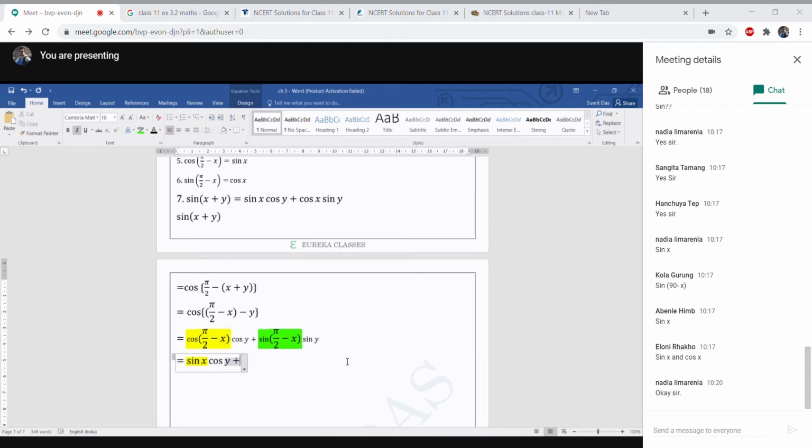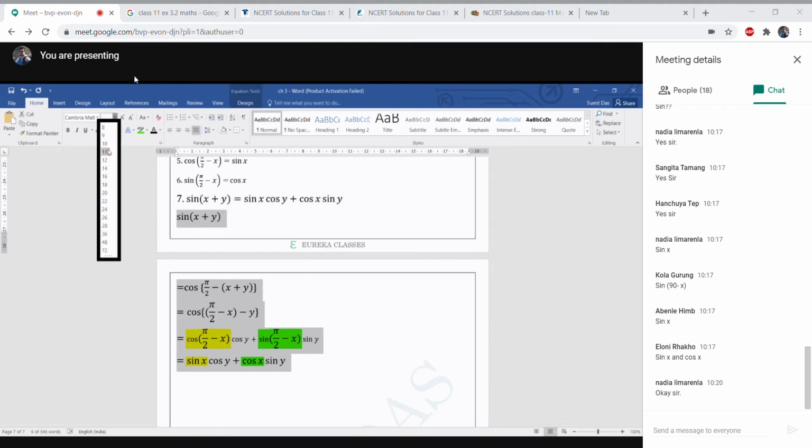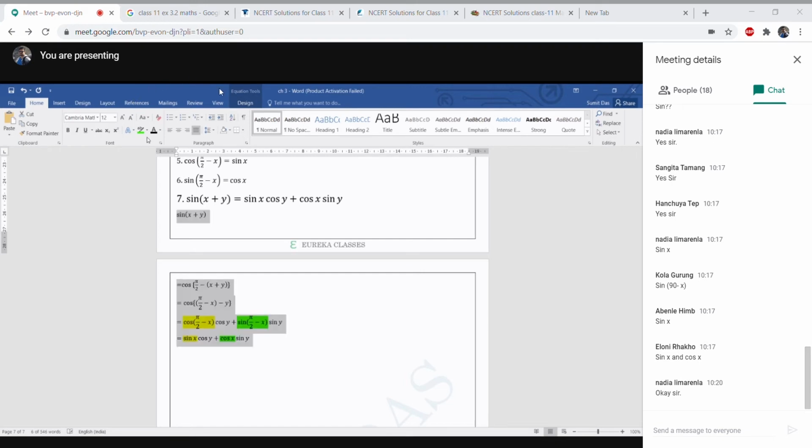So it will be sin x cos y, and sin(pi by 2 minus x) is, we know, cos x, so it will be cos x sin y. Fine, so this is our solution.